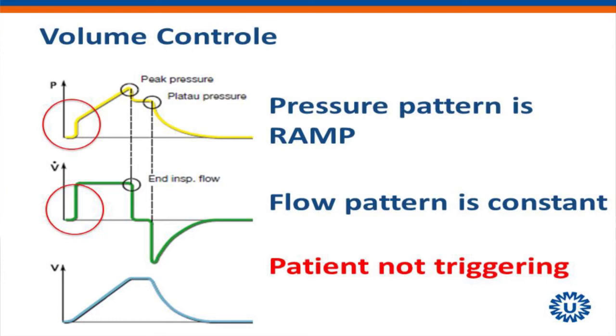You can recognize 4 different phases in this. You can recognize the initial phase, where the patient can trigger. You can recognize the inspiratory phase, and you can recognize a plateau phase there and the expiratory phase.